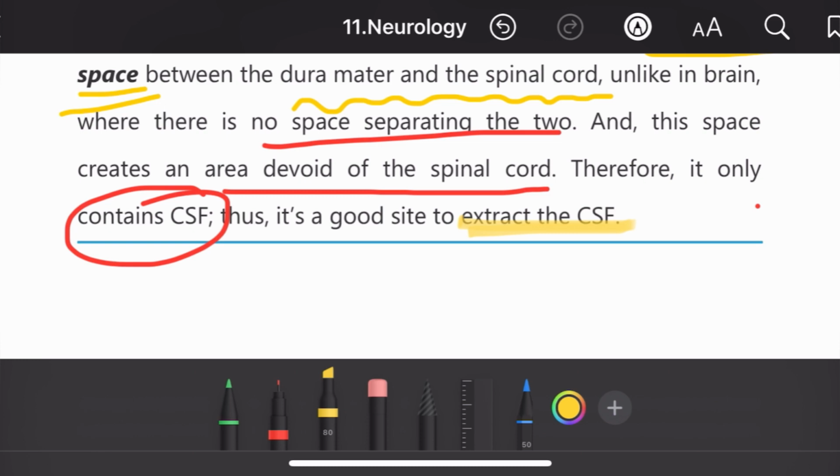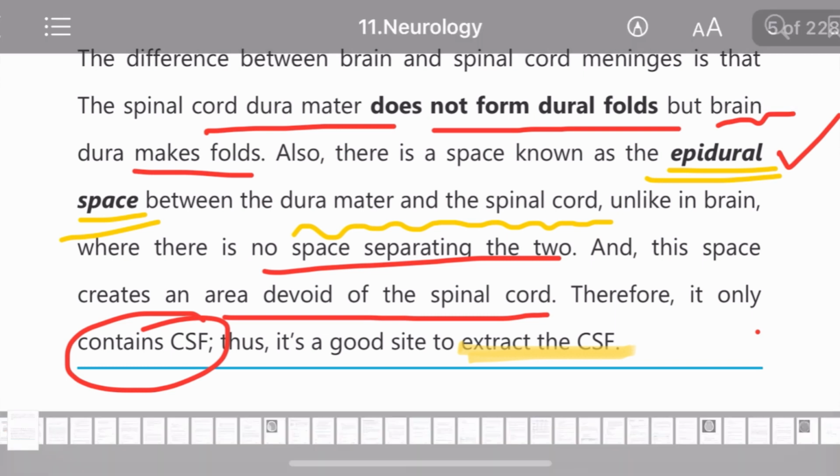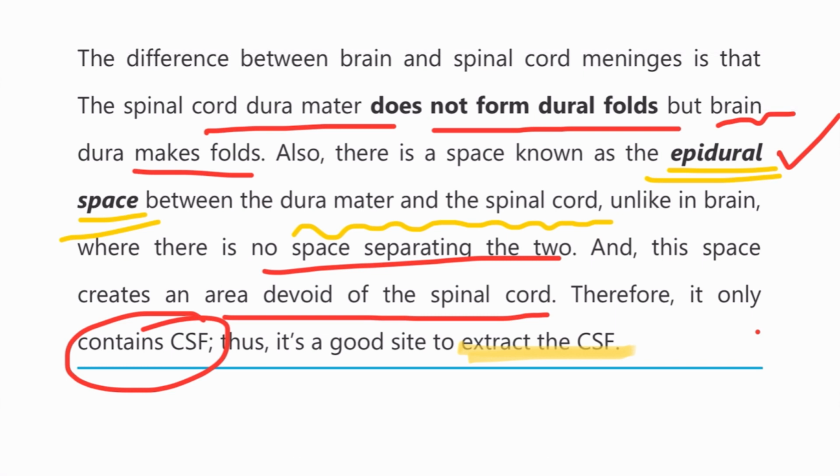So coming to this, first, once again I will just sum up. There is a difference between the brain and the spinal cord meninges. In the spinal cord, the dura mater does not form a dural fold, but the brain dura makes a fold. That's a big point that you have to keep in your mind. Now there is a space known as the epidural space in the spinal cord, which means between the dura and the spinal cord we have an epidural space, unlike in the brain where there is no space separating these two.